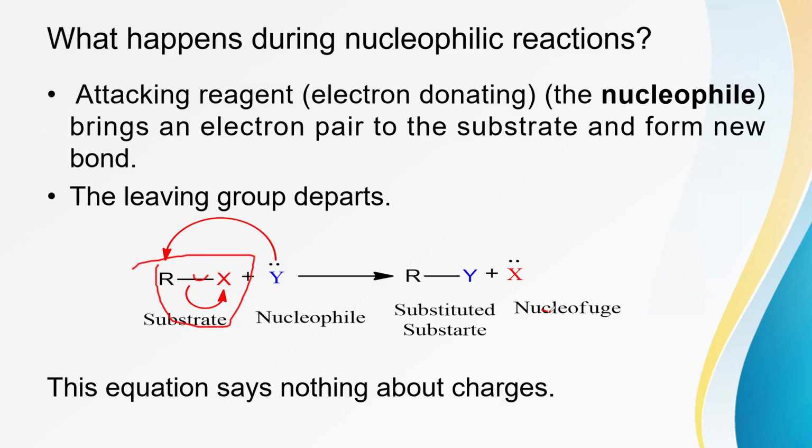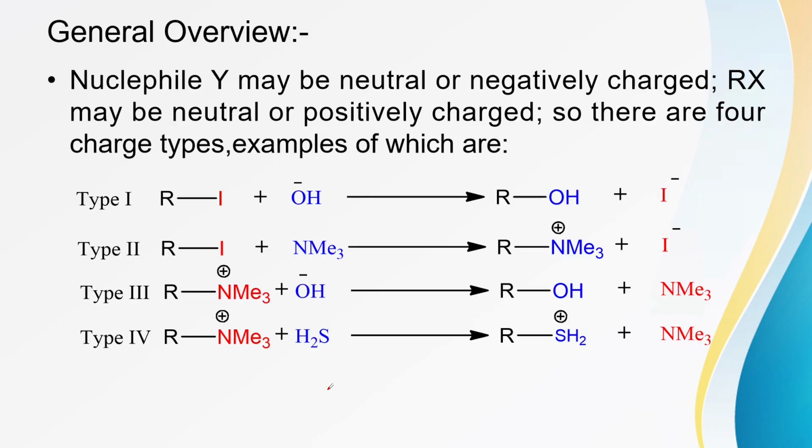That's why it is known as a nucleofuge. And here the substrate has a neutral charge. We can also call this substrate an electrophile. Why electrophile? Because a nucleophile always attacks an electrophile. By the way, this equation says nothing about charges. On the basis of charges, we can classify reactions into 4 types.